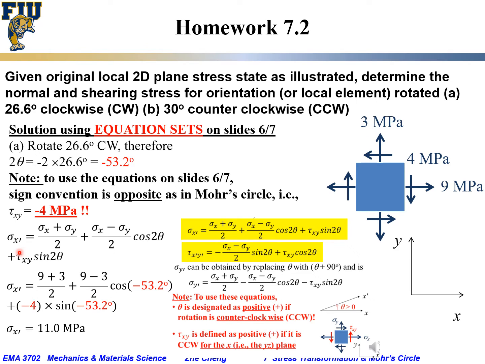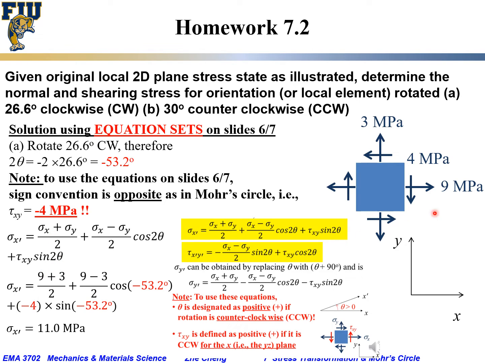So now let's look at our equation. Sigma x prime from the equation set would be the average of sigma x and sigma y, plus the difference of sigma x minus sigma y divided by 2 times cosine 2 theta, plus tau xy times sine 2 theta. Okay, and you plug the number in.